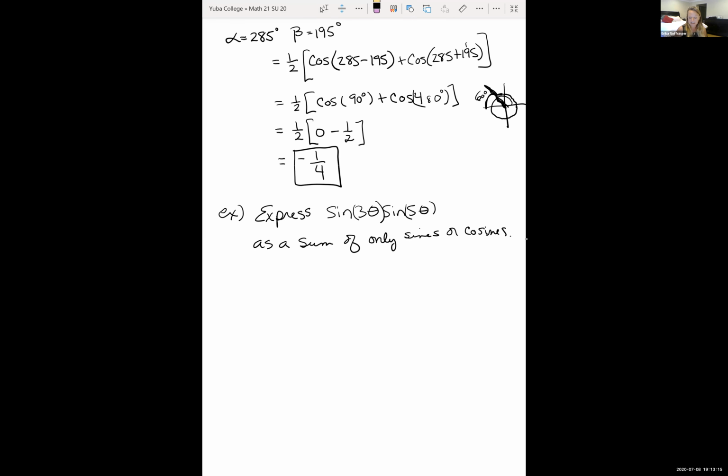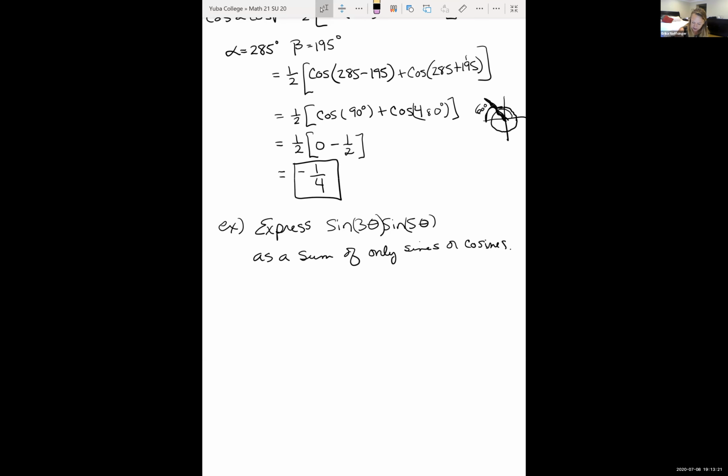Okay, so notice this is a product. Product for sine, that's where we did the difference of the two. Let me rewrite what it was: sine of alpha, sine of beta was equal to 1/2 times the difference, cosine of alpha minus beta minus cosine of alpha plus beta.